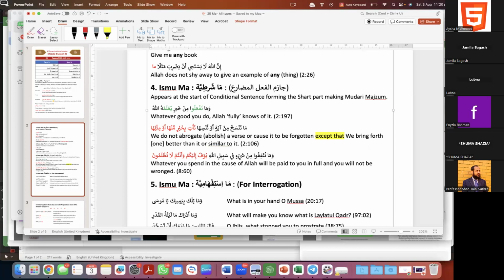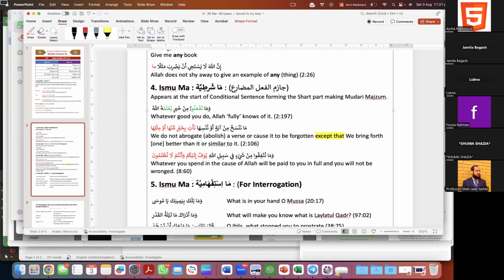So the shart part is here by meaning. You have to look at the meaning: whatever good you do, Allah knows it.